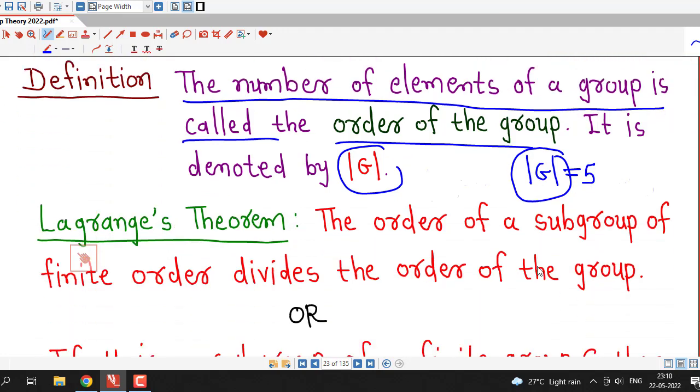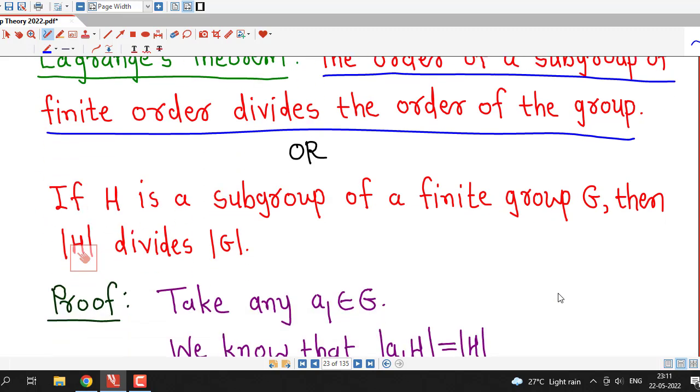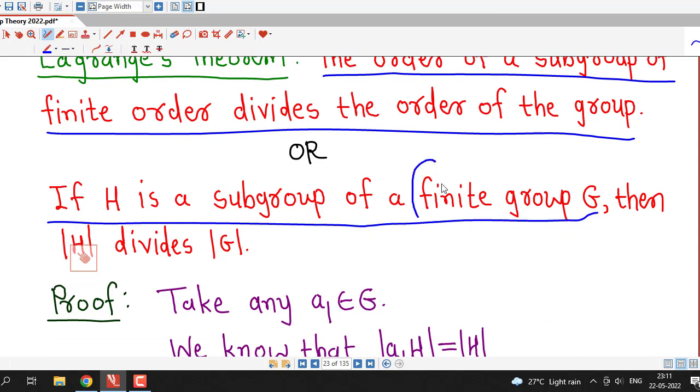Now what is Lagrange theorem? So Lagrange theorem is about order of subgroup and order of group. Lagrange theorem says that the order of a subgroup of finite order divides the order of the group, or we can say that if capital H is a subgroup of a finite group G. Finite group means number of elements in group G are finite, that is order of G is finite.